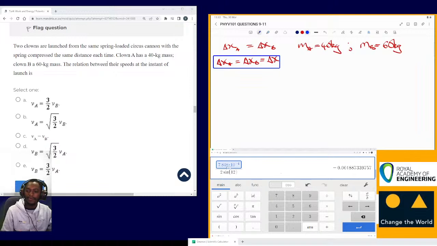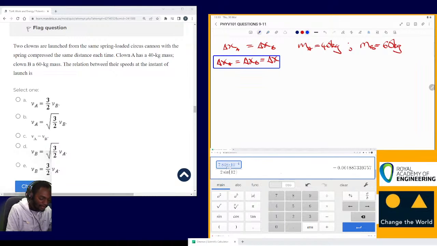The energy that they are going to get is a result of the energy that was stored by the spring, which was used to load this spring. All right, so we can say, principle of conservation of energy. So the energy that was loaded onto the spring is being transferred to the kinetic energy of these clowns, right?